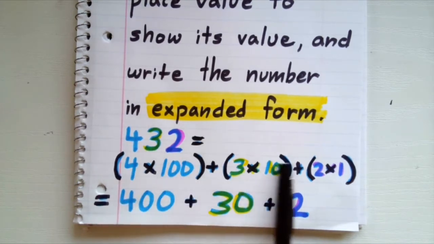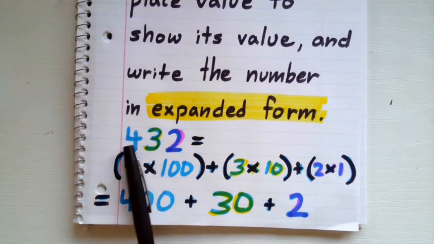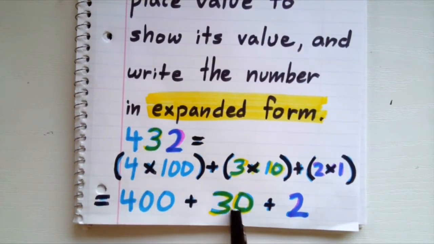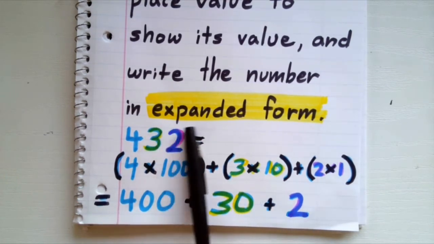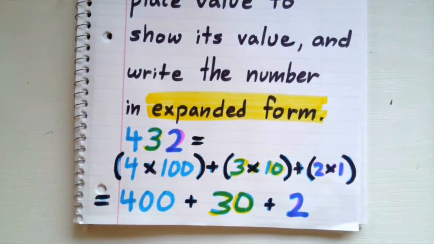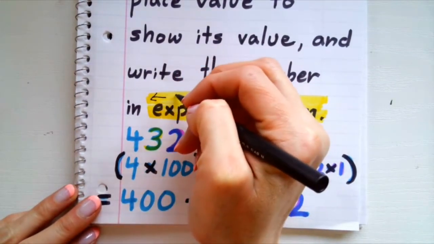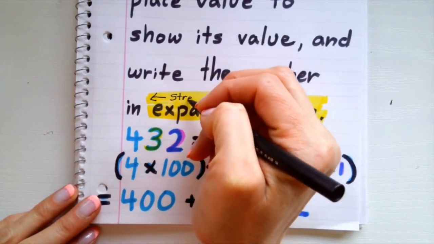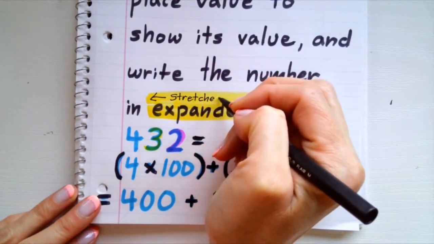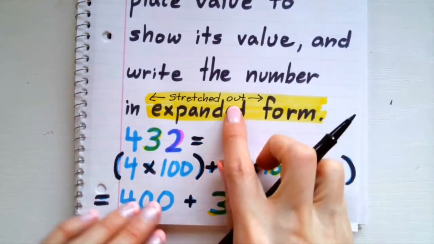When we solve this expression, we get 400 plus 30 plus 2. So this number has gotten stretched out to this expression. To expand something means to stretch it out. Let's write that in. Stretched out.